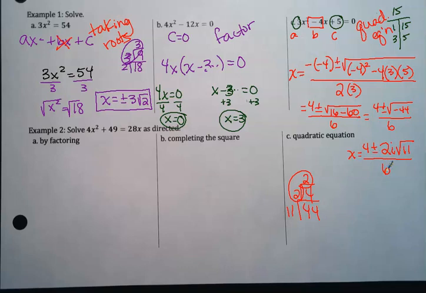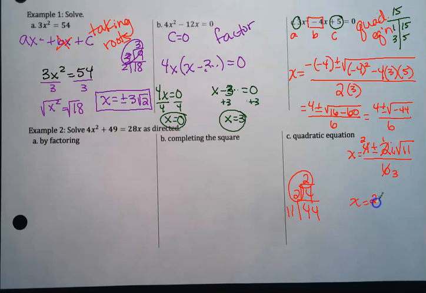Divide by 6. Now I can simplify still because I have a 4, a 2, and a 6, and they all have a 2 in common. So 4 divided by 2 is 2, 2 divided by 2 is 1, 6 divided by 2 is 3.